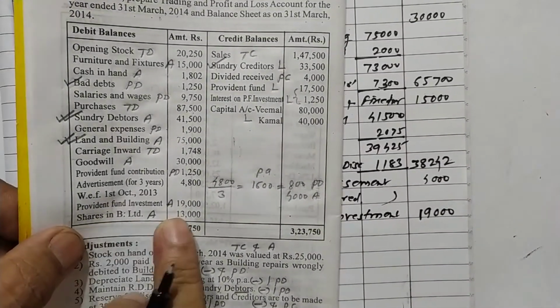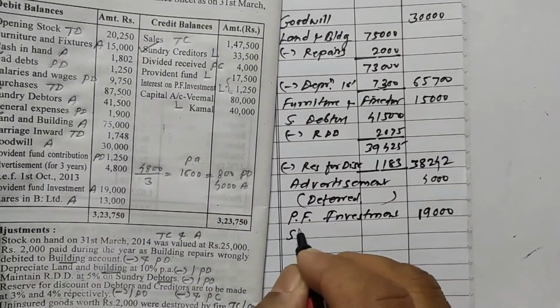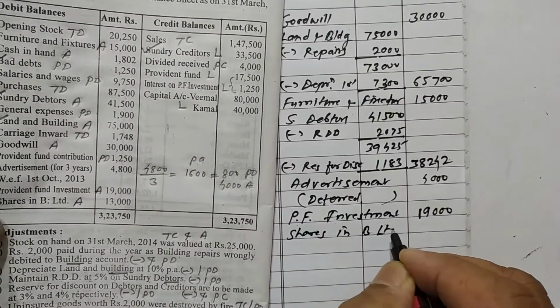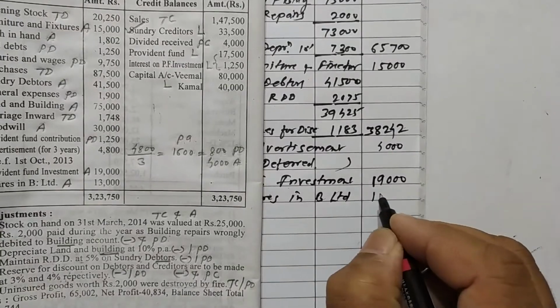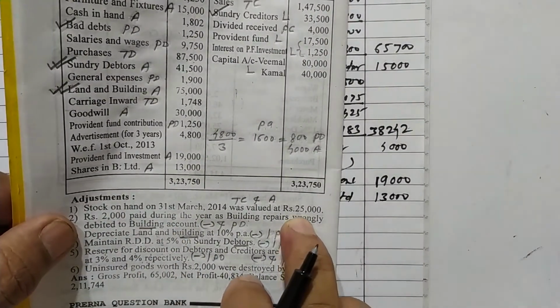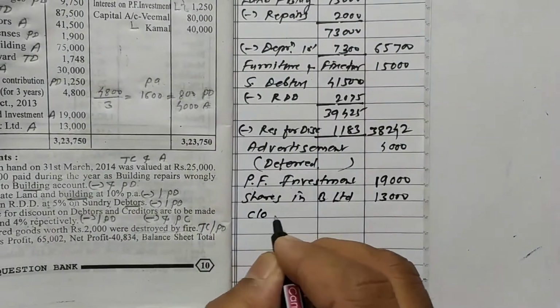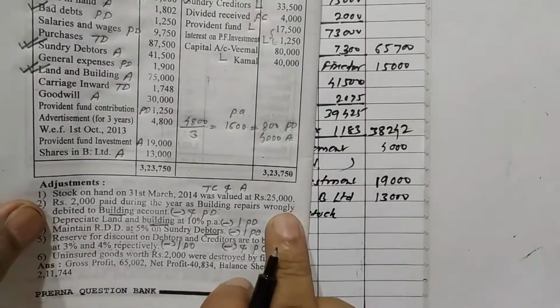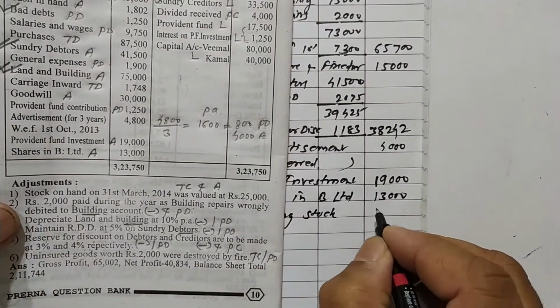Also, shares in B Limited are assets, rupees 13,000. Next is the closing stock, rupees 25,000.